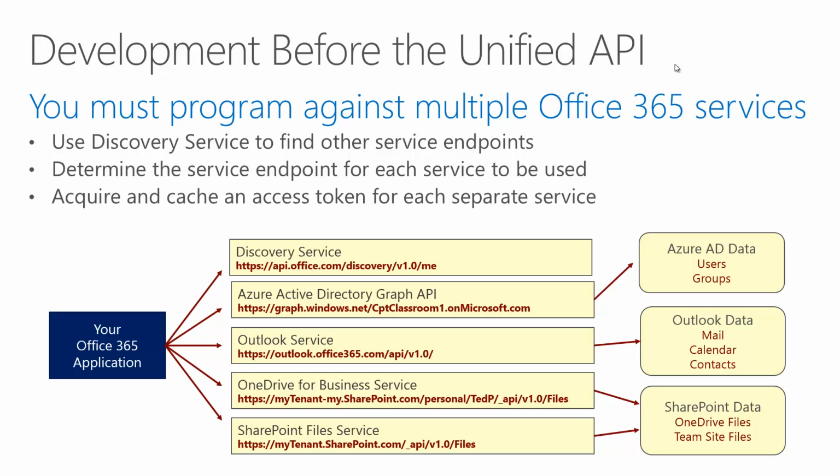We have to query into Azure AD, and then to get information about mail messages or to send mail for the current user, you have to access a second service endpoint with a different access token, for something like the Outlook service. And then when you wanted to access SharePoint data, you had to go to a third and possibly a fourth service and get an access token for a different resource.